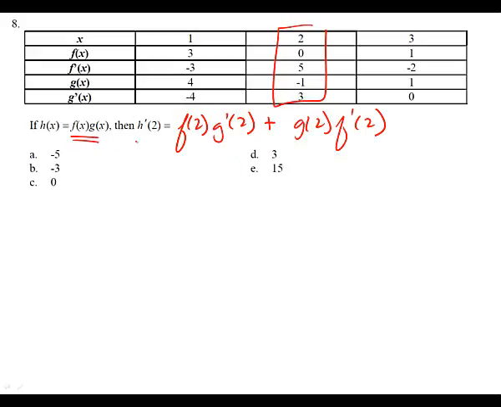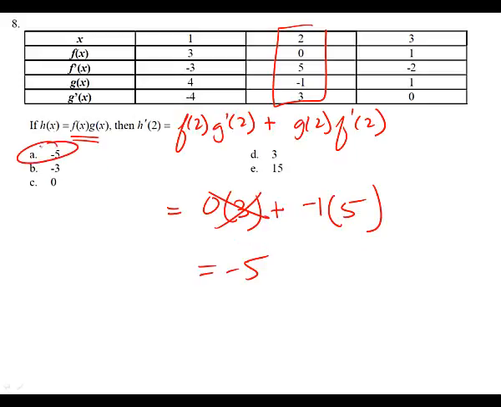Okay? All right, so what is f of 2? 0. G prime of 2? 3. G of 2? Good. And f prime of 2? 5. This first term doesn't matter, right? So isn't the answer negative 5? Yeah. Actually, I like to see those problems.